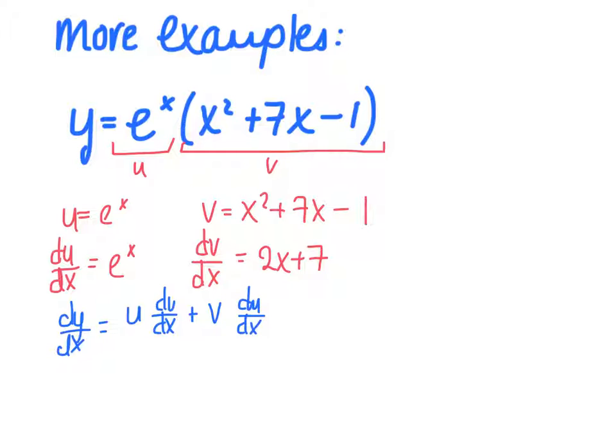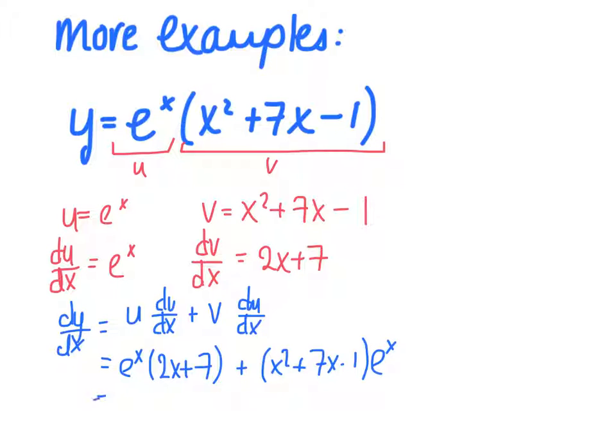So we could write that v du dx plus u dv dx if we'd prefer. So just substituting everything in, and hence why the layout is so important. u is e to the x, dv by dx is 2x add 7, v is x squared add 7x minus 1, and du by dx is e to the x.